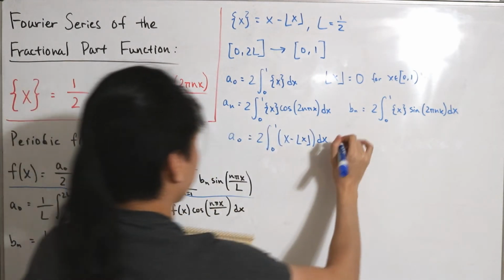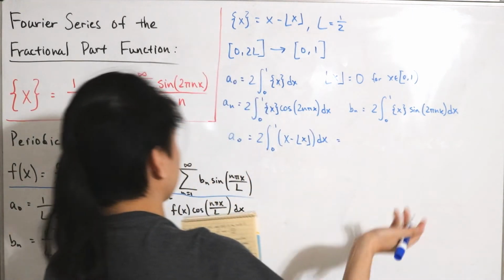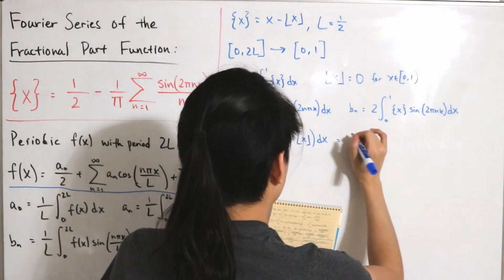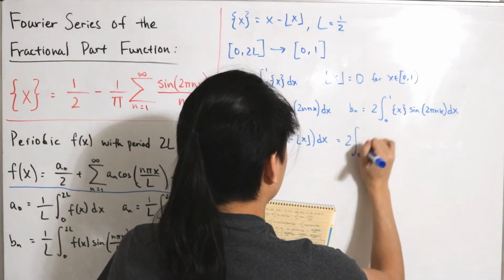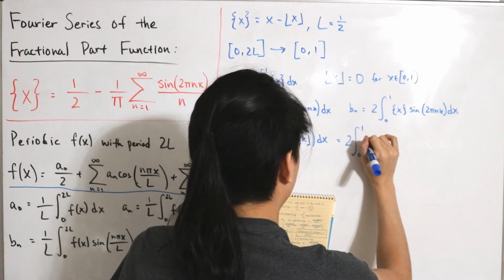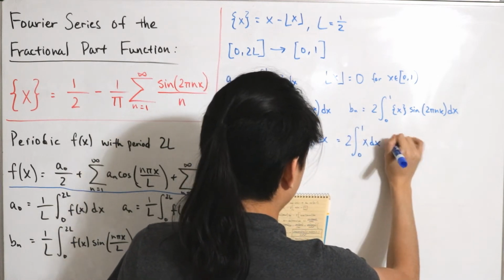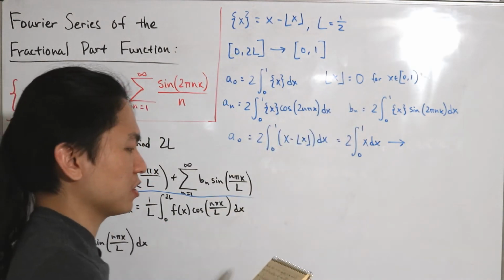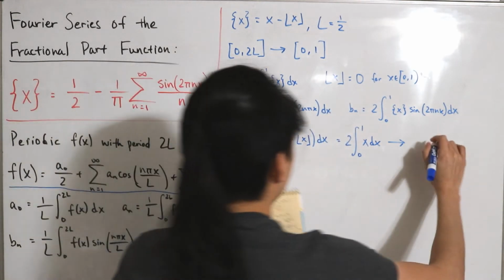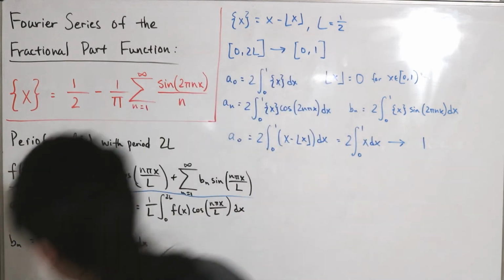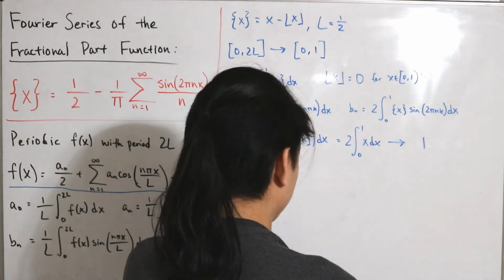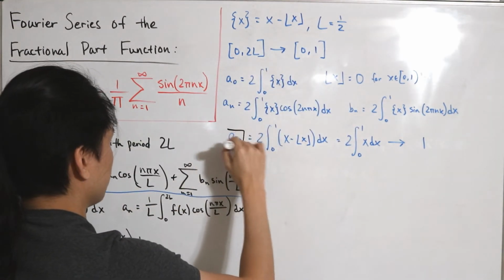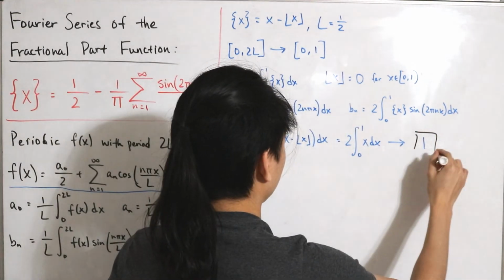You can just use linearity and say that one of the integrals is 0, and so we have this to calculate: the integral from 0 to 1 of x dx. I'll skip that calculation. Obviously, this is very simple for anybody to solve, this definite integral, and the value is going to equal 1. Let me box this to show our coefficient's value: a sub 0 is going to equal the number 1.